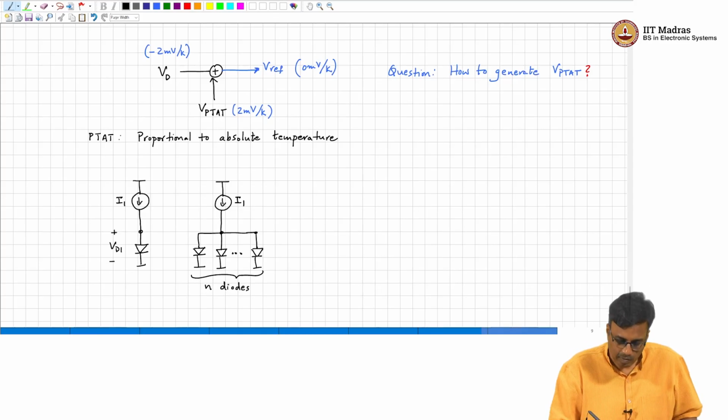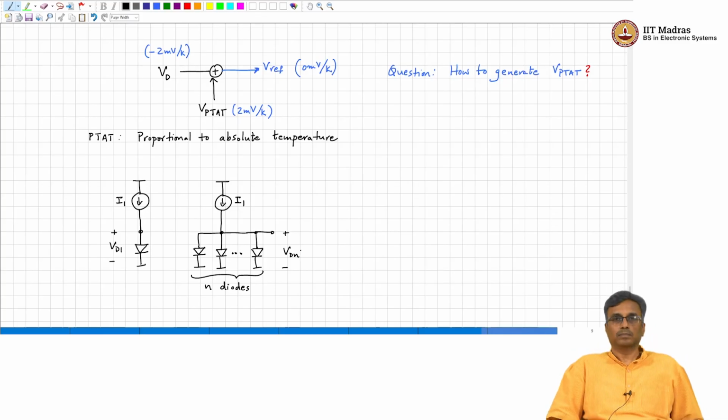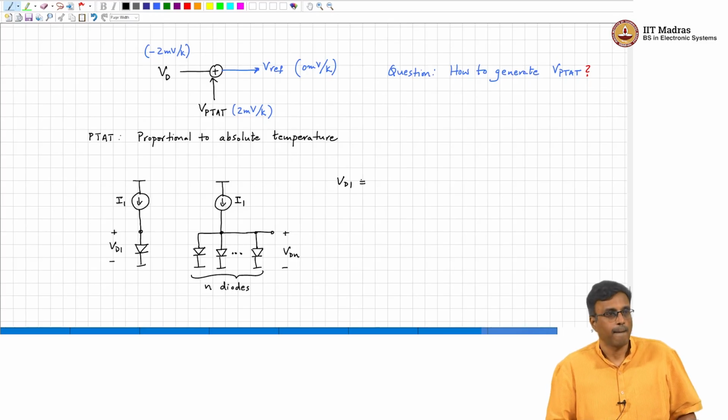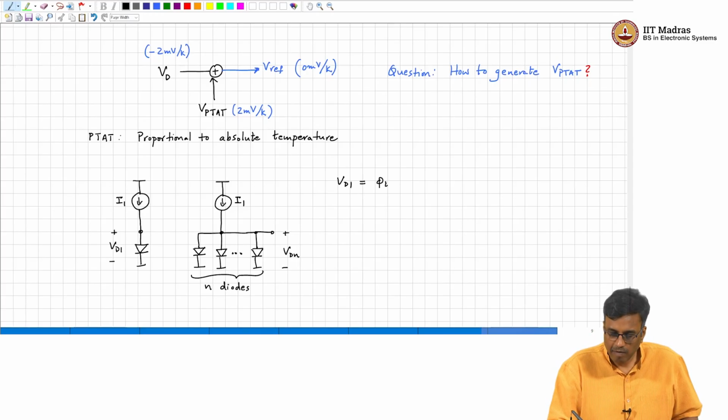Let us call the voltage developed here VDN. So, what is VD1? Phi t ln I1 by Is.